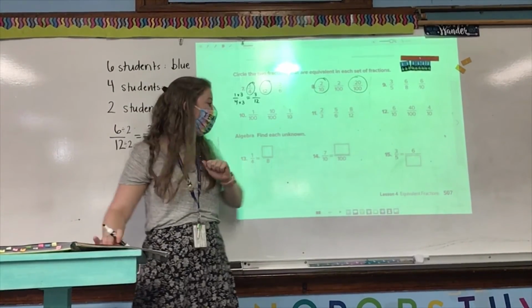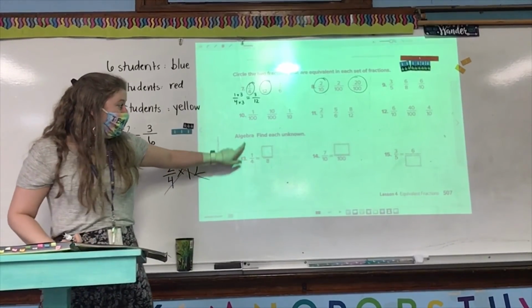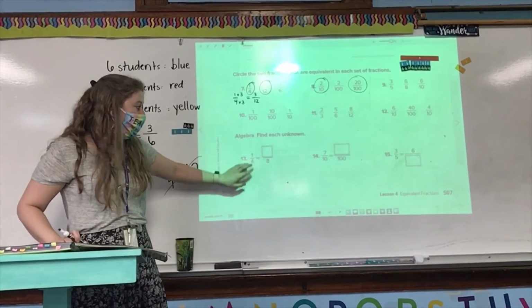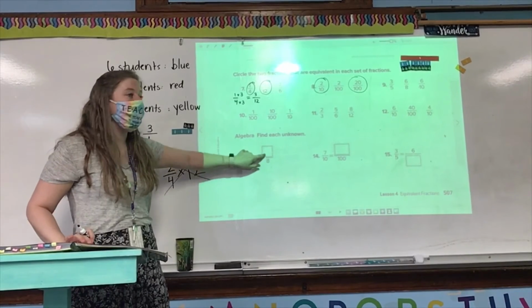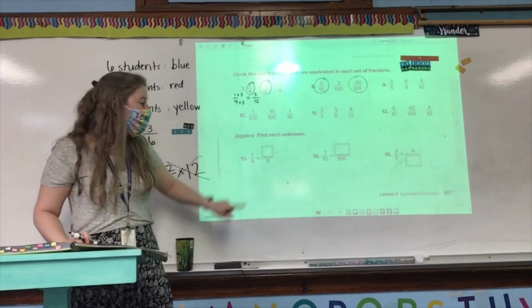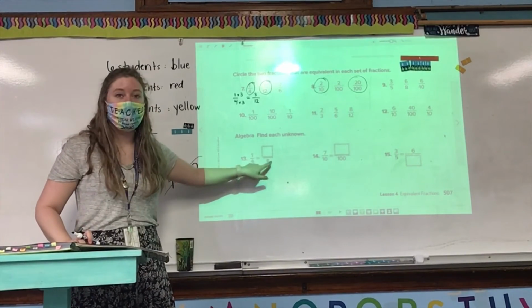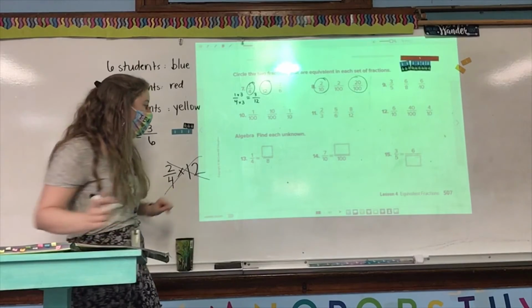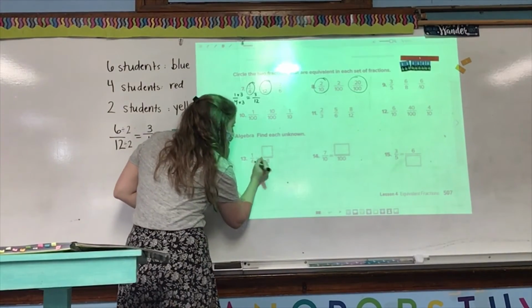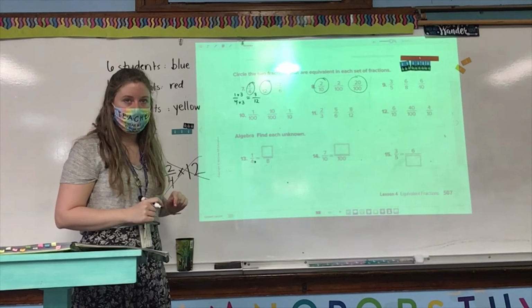Okay, now let's look at how to do number 13. The directions say find each unknown. This is telling us that these will be equivalent fractions. We just have to fill in the blanks. So what we're going to do is find what we know. We know the denominator of both fractions, right? So we're going to figure out what we can multiply 4 by to get 8.